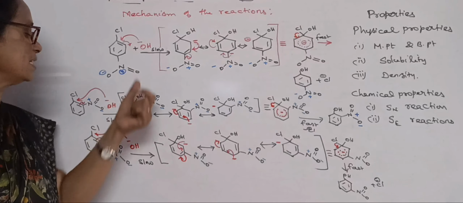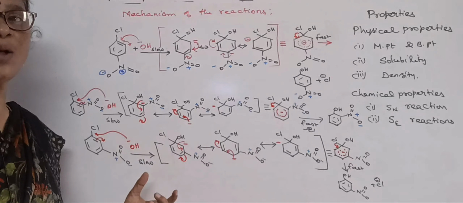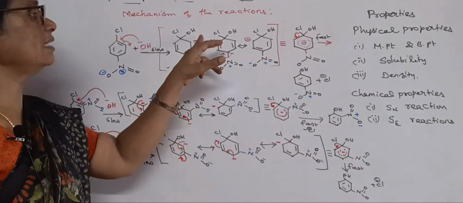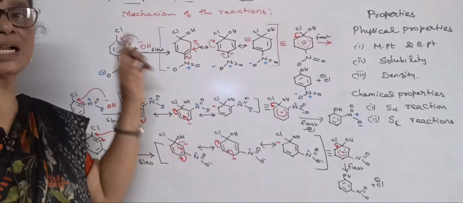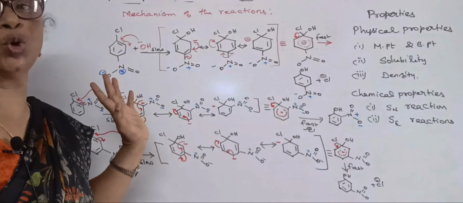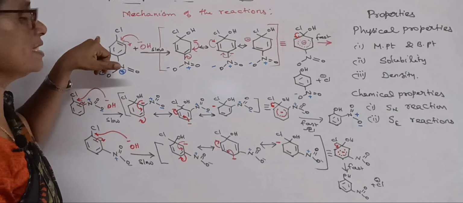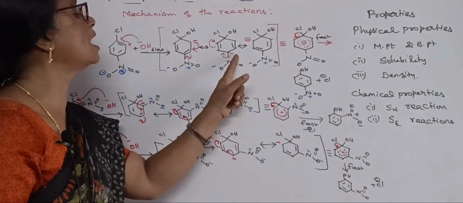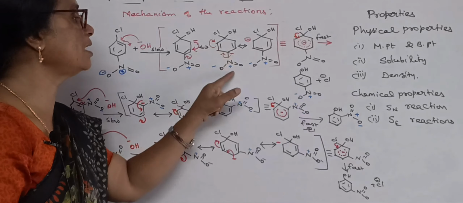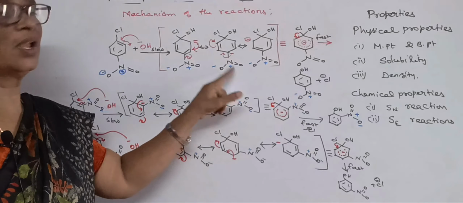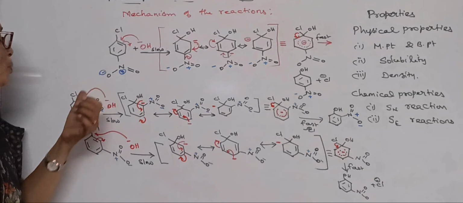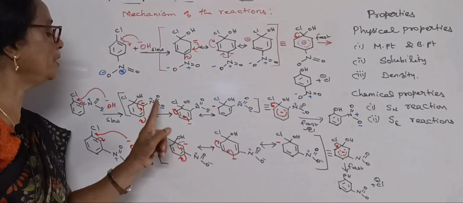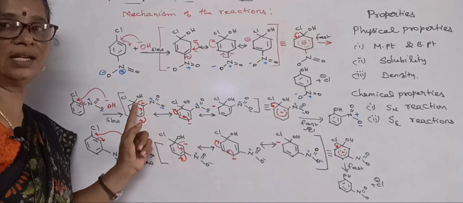The influence of the nitro group at the ortho, para and meta positions can be visualized by looking at the negative charge at the carbon where the NO2 group is present. When NO2 is at the para position, we find the negative charge is delocalized between the carbon and nitrogen atom. And when the nitro group is at the ortho position, the carbon bearing the nitro group carries the negative charge.